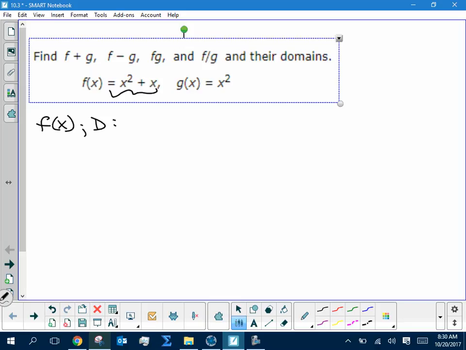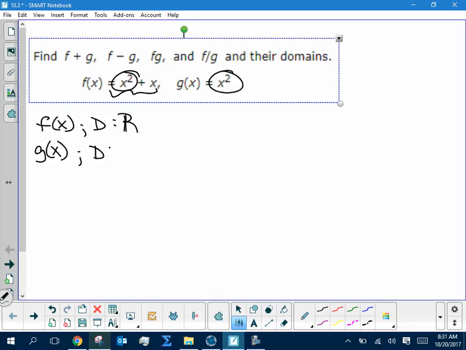When we add together, because x squared had a domain of all real numbers, and because x has a domain of all real numbers, x squared plus x should have a domain of all real numbers. G of x, same idea. If x squared had a domain of all real numbers, then it better still have the domain of all real numbers right there.